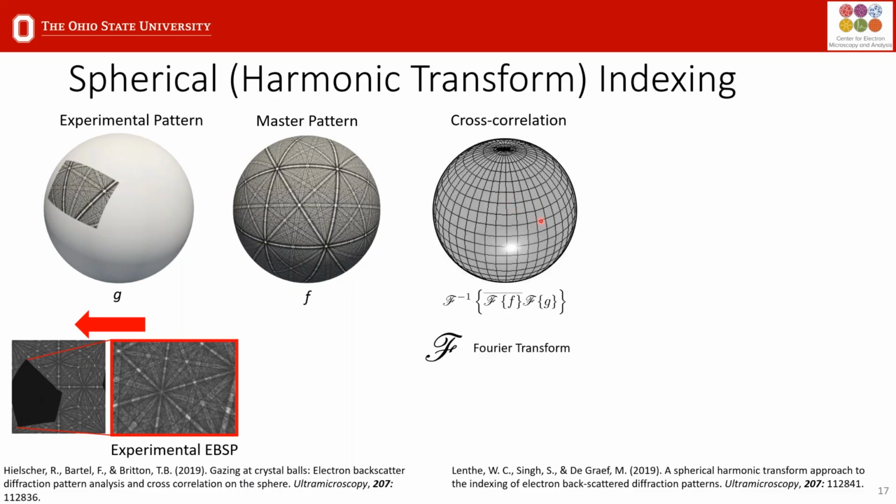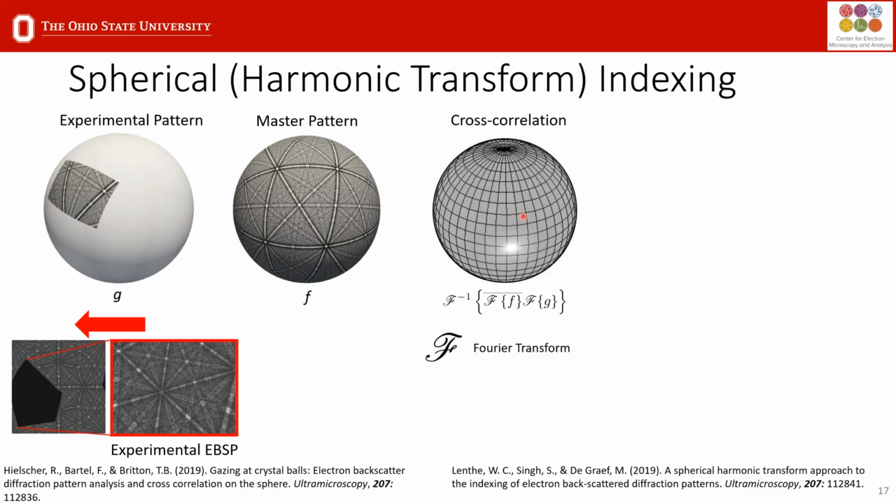Now, the details of this rotation and everything are described in the two papers below, and it takes the Fourier transform and then it performs a cross correlation, and then for these discrete points we can work out how the master pattern must be rotated to match up best with our experimental pattern, and then we have determined the orientations.